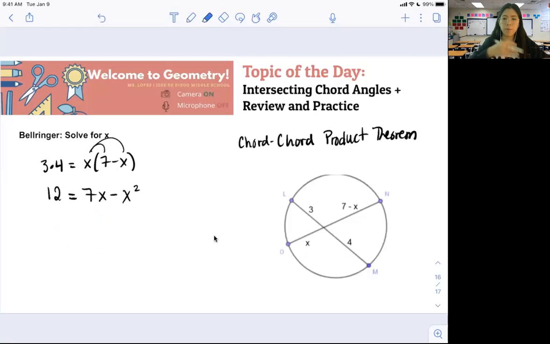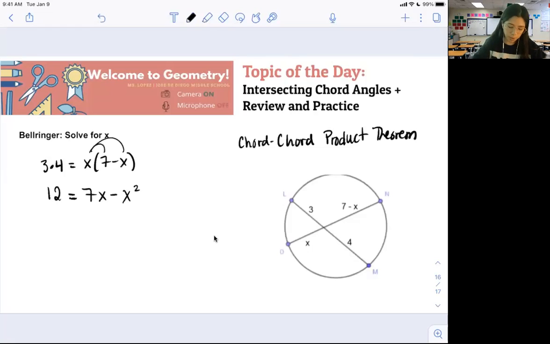I want you to think about which side will make the x squared positive. Everyone is saying to the left. And Tyrone, you're right. Let's check out why.